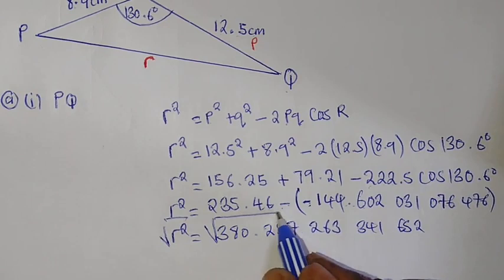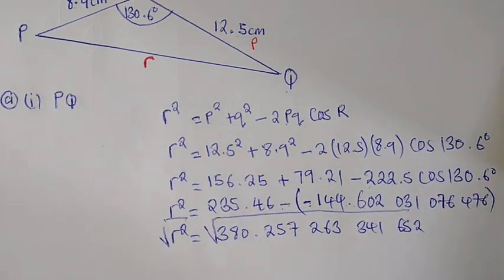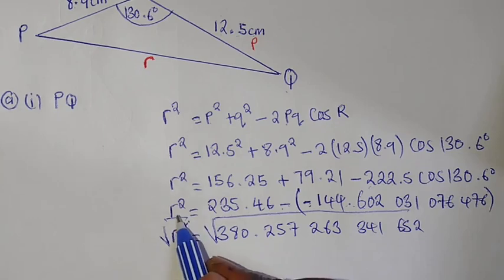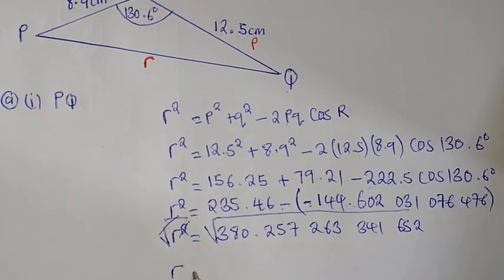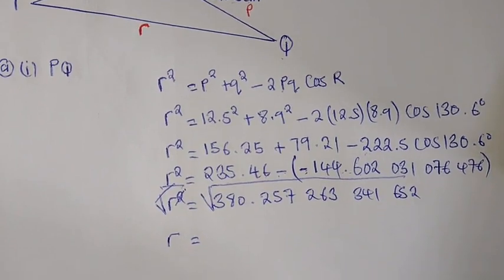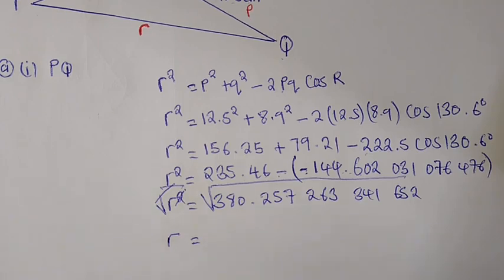Even this side we're going to do the same, introduce a square root. So this 2 and the square will cancel, r equal to, so now we just need to find the square root of this number.